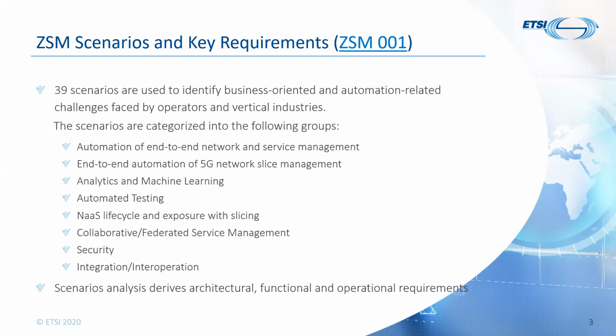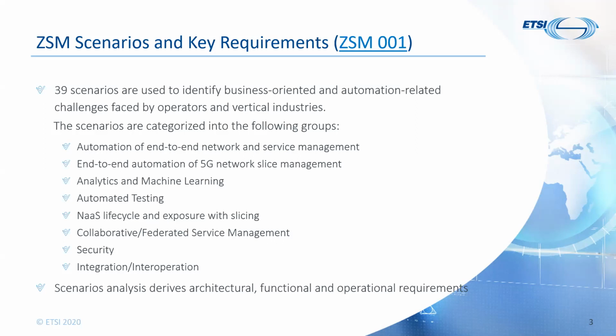The next category is collaborative and federated service management. This grouping is about supporting network management across operators or partners. An example requirement here is to expose ZSM management services across multiple operators. Security.